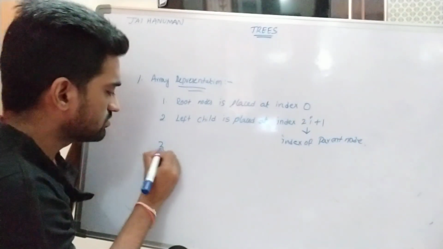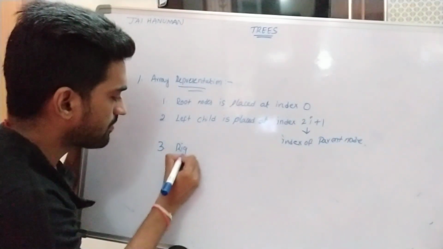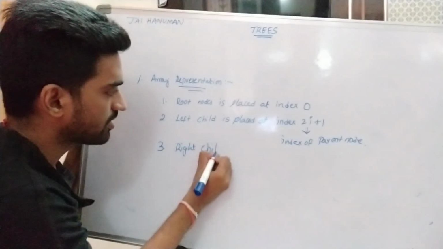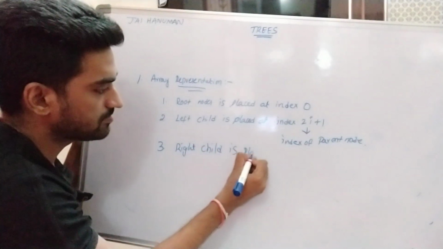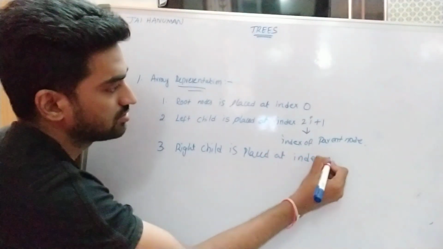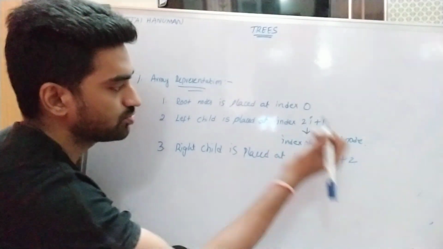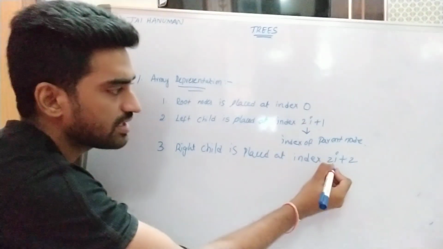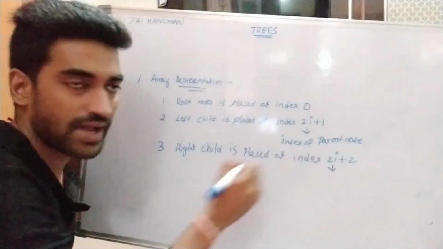The right child is placed at index 2i plus 2, where i is again the index of the parent node.